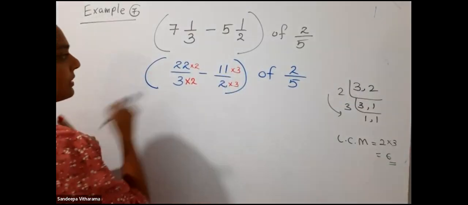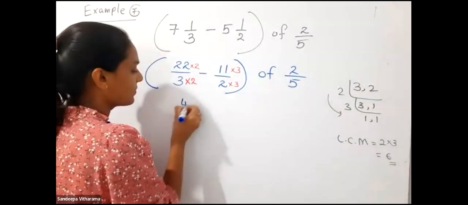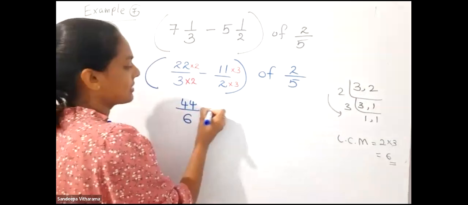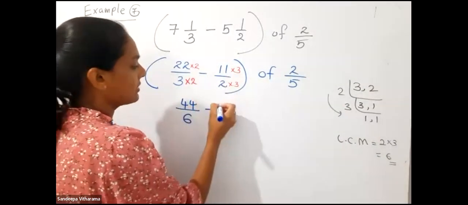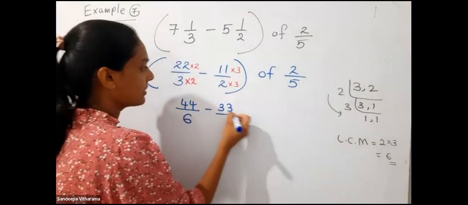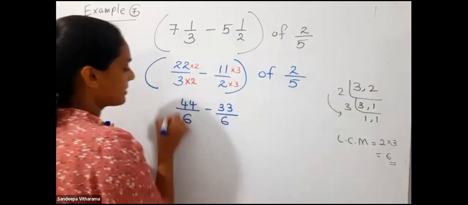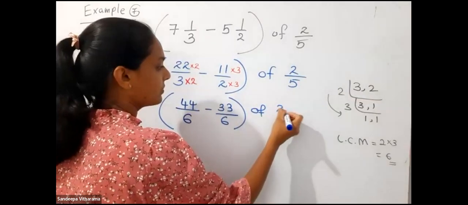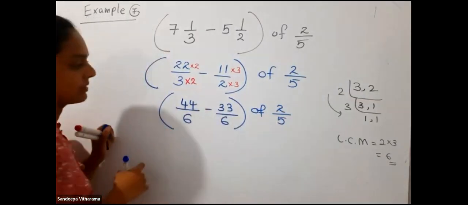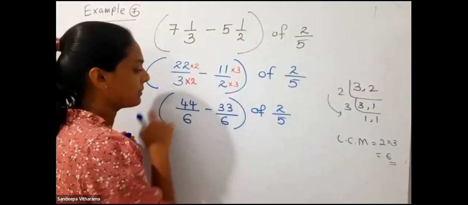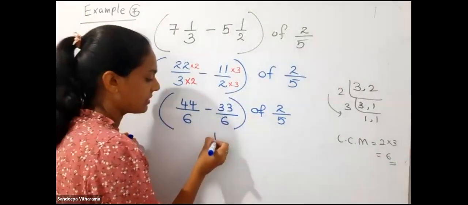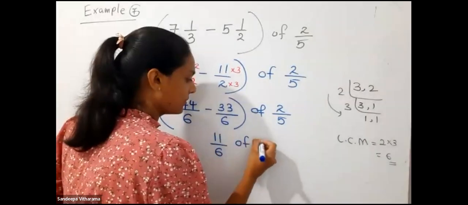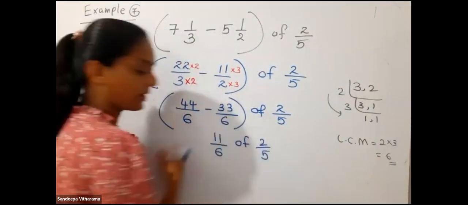Then 22 into 2 is 44, 3 into 2 is 6. Subtract 11 into 3 is 33, 2 into 3 is 6. Now subtract 33 from 44. It's 11. 11 upon 6 of 2 upon 5.